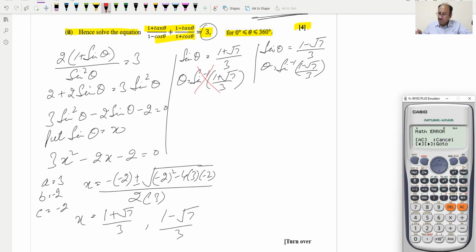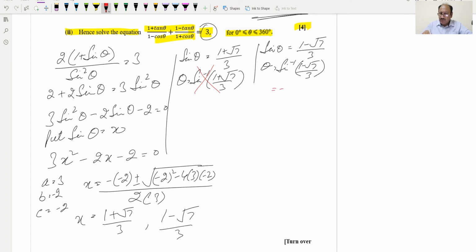We will reject this value, and for the second value we can write shift sine of fraction (1 minus root 7) over 3 and close the bracket, and this value is equal to 0.58, which is in radian mode. If we change to degree mode, it will be equal to minus 33.27 or minus 33.3. So minus 33.3, this will be in degree mode.